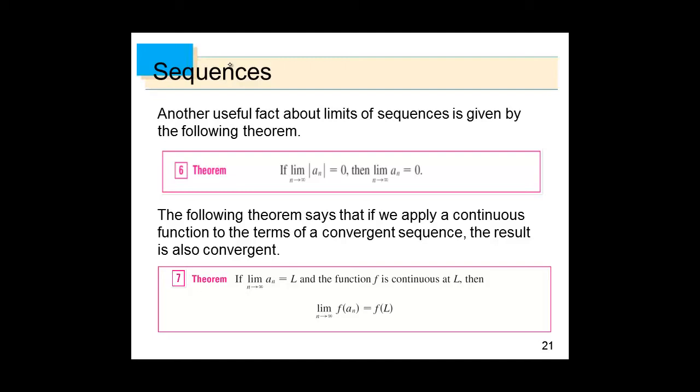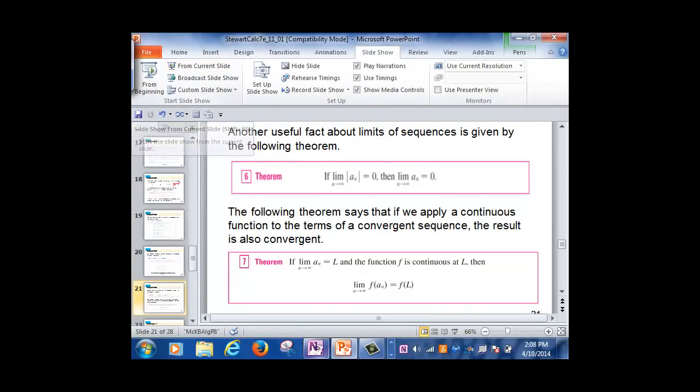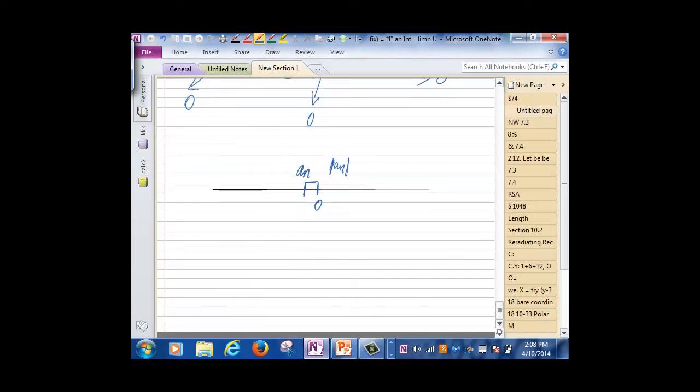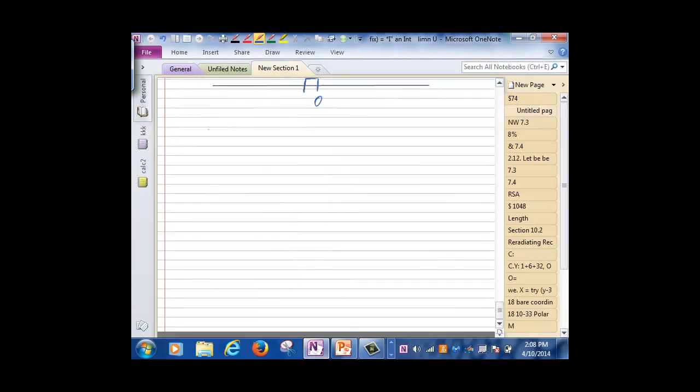Do you guys understand what this is saying? Notice that what we are saying here is that I have a sequence a_1, a_2, a_3, a_4, dot dot dot, a_n, dot dot dot, and this is approaching L, right? The limit of this sequence is L. Now, by using the function f, I can get a new sequence, right?